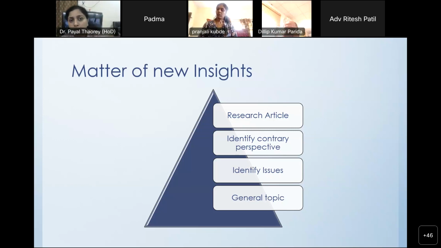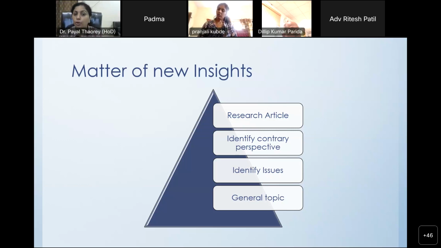For that matter, again, identification of transgender persons, we never realized that that is an issue, but this is an issue. Mental health, this is an issue. So what is happening here is that as we progress in society, automatically we start identifying new issues, and taking those new issues we can start the paper writing process.